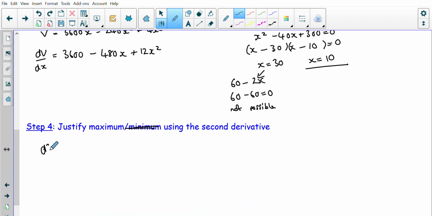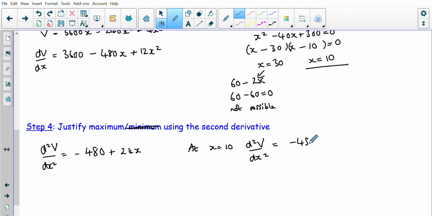So if I define d2v by dx squared, I'm going to differentiate my gradient function up here. So I get minus 480 plus 24x. So at x equals 10, the second derivative is going to be minus 480 plus 240.